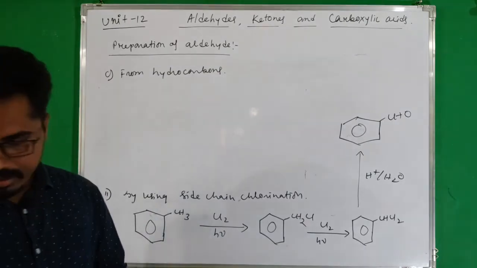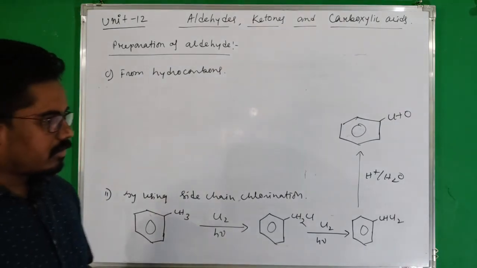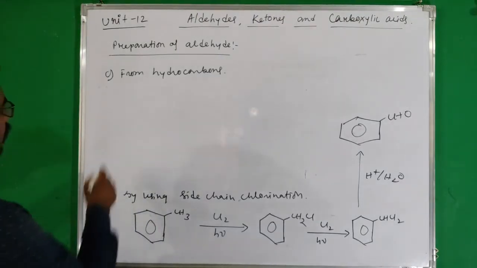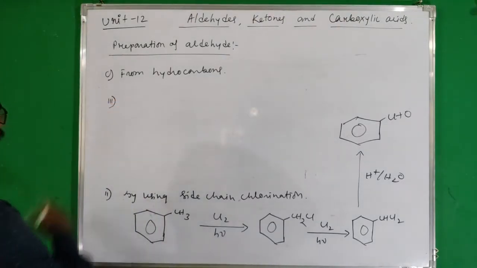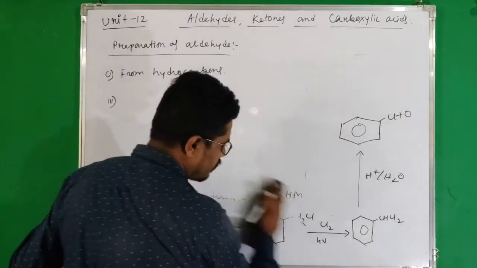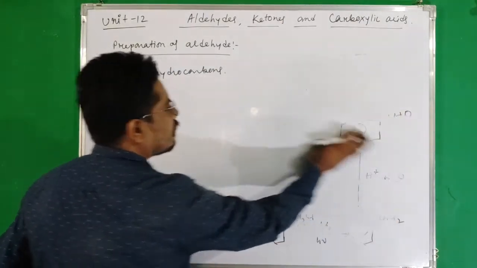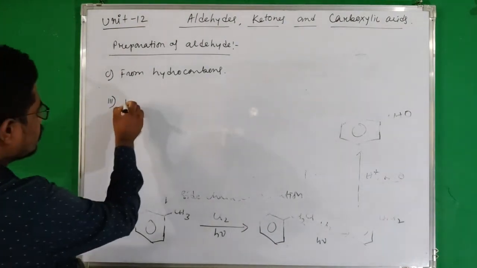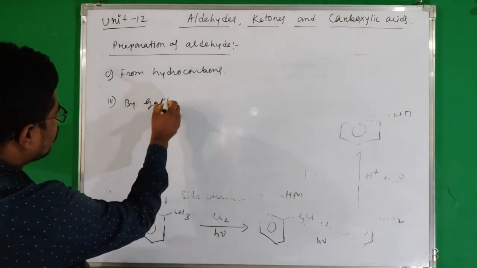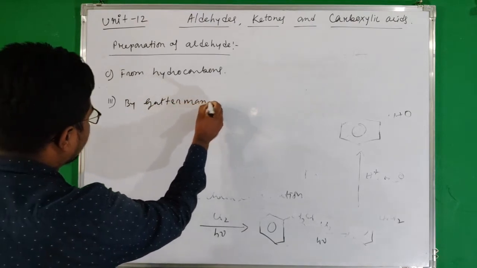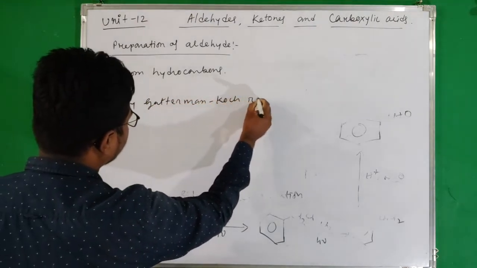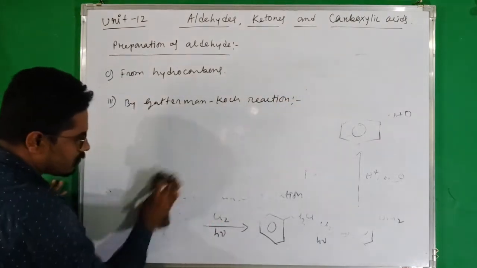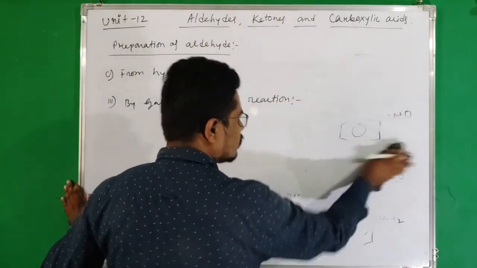Another method of preparation of benzaldehyde is by the Gattermann-Koch reaction, number 3. In this particular reaction, benzene is used.